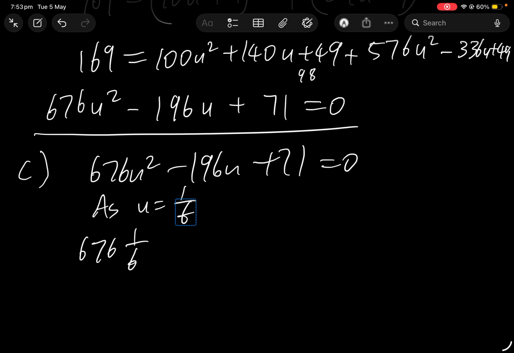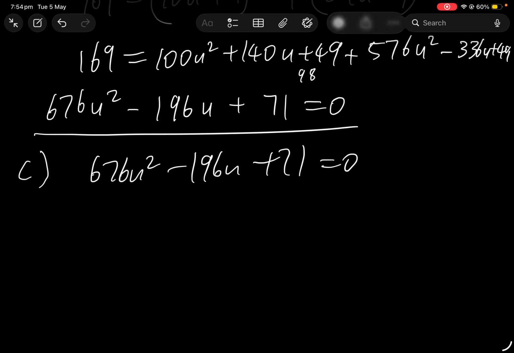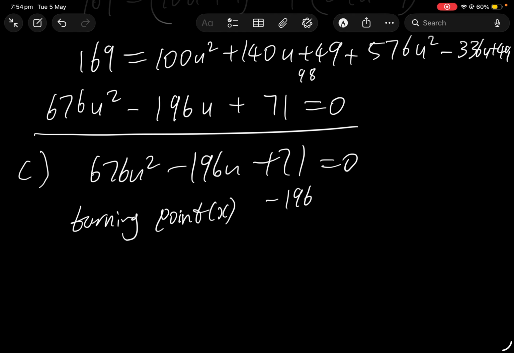And we can make the u back to t, as u equals 1 over t. Actually, no, we're not finding the turning point.